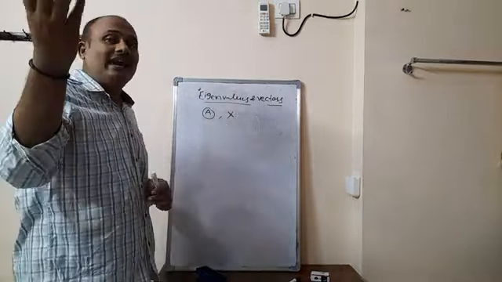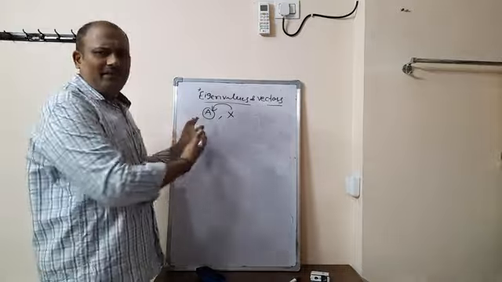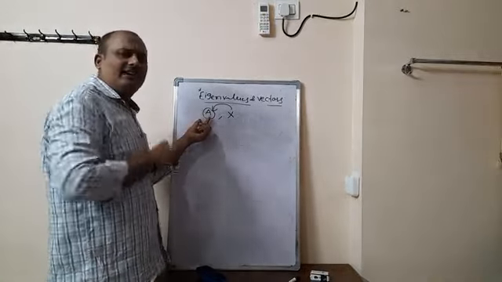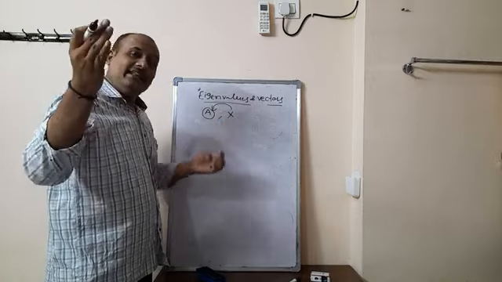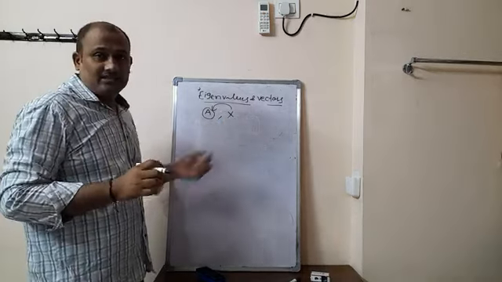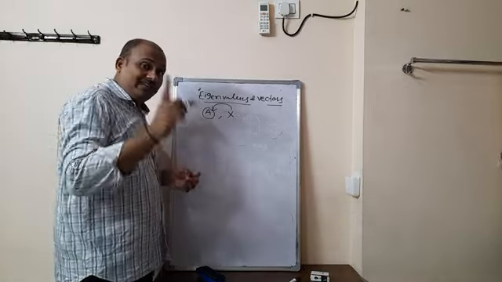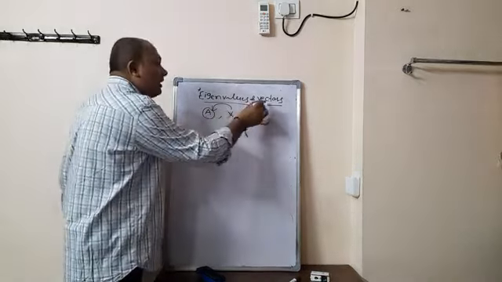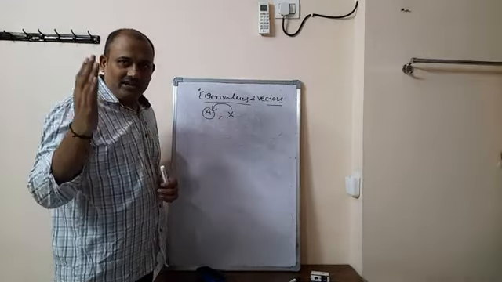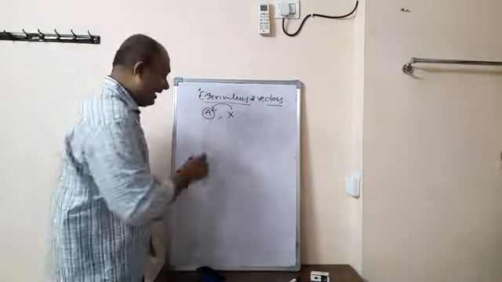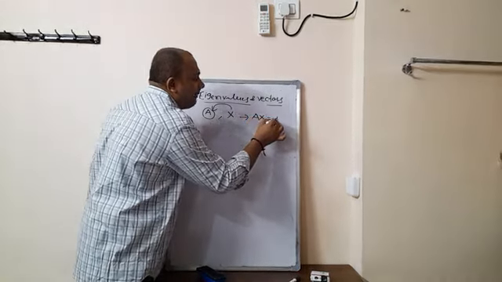Then X is said to be an eigenvector of the matrix A if AX equals lambda X.